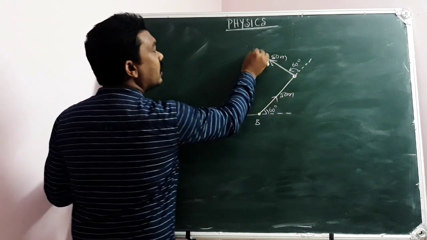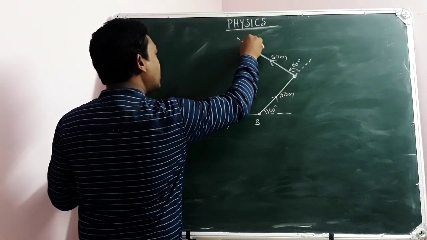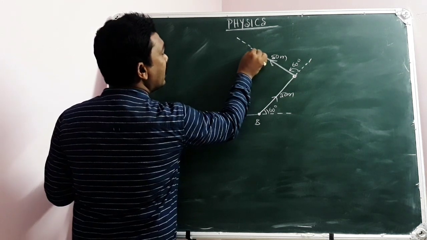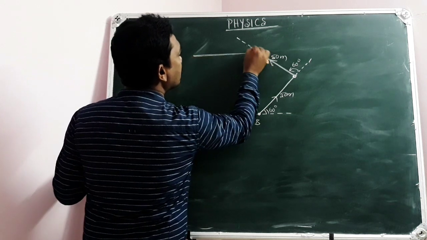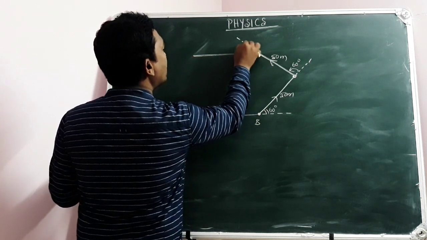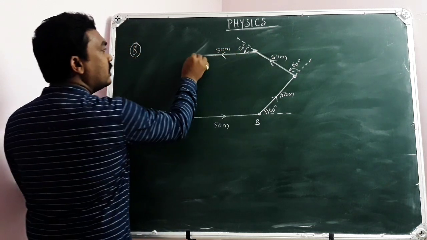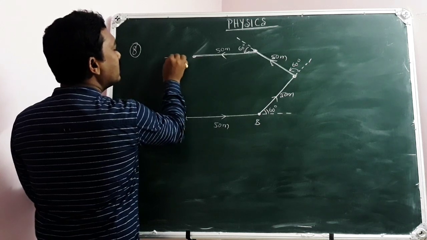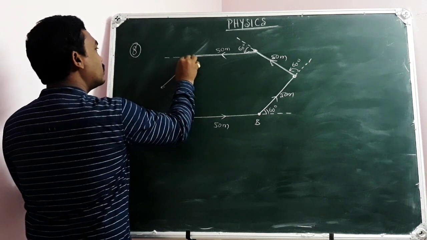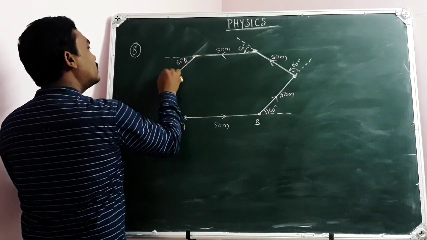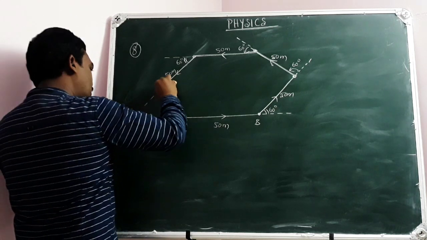Then instead of going straight, again he has taken a left turn through 60 degrees and traveled for 50 meters. Like this, for every 50 meters, he takes a left turn through 60 degrees and travels 50 meters.